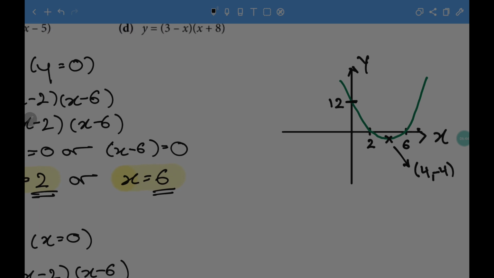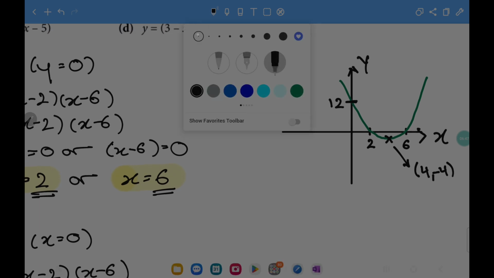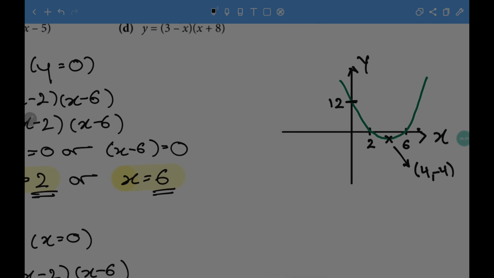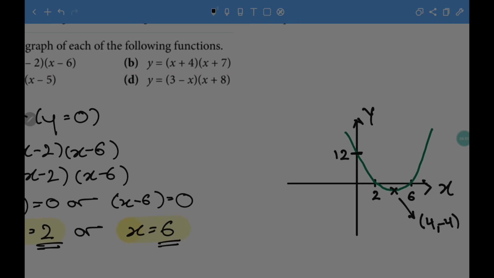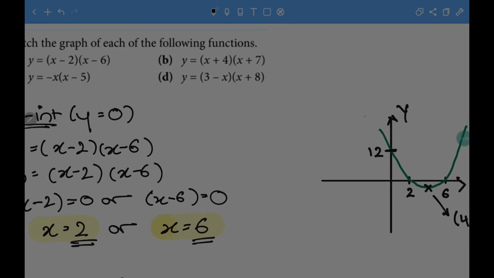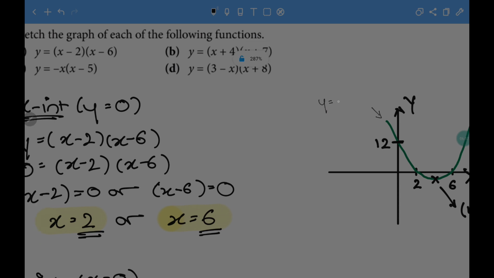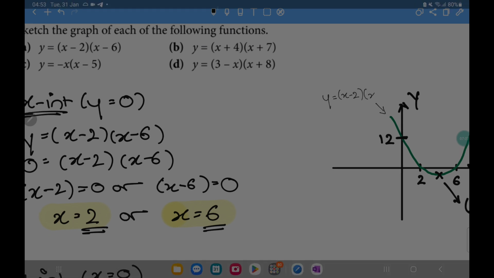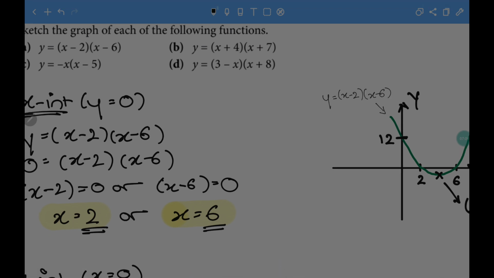Last thing is that I need you to label the equation of the graph. So this graph is y equals (x minus 2)(x minus 6). Okay, we are done with part A.